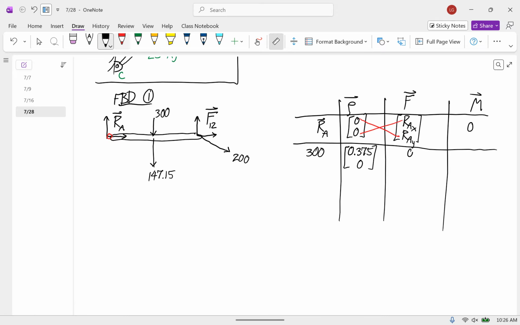The force is 0, negative 300. And so you get a moment of negative 112.5.